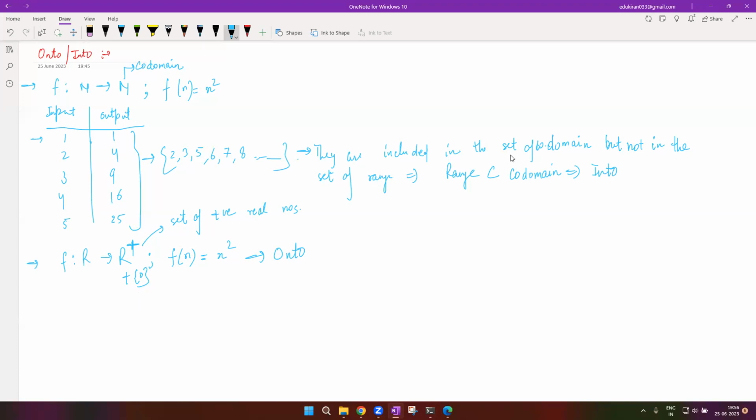Or we can also write it like all real numbers except R negative, which means just subtract all negative numbers from the set of real numbers. So you are left with positive numbers and 0. Right? So now this function is onto. So this is how it works, into and onto. Now, to find out into and onto, you first should know how to find out range.